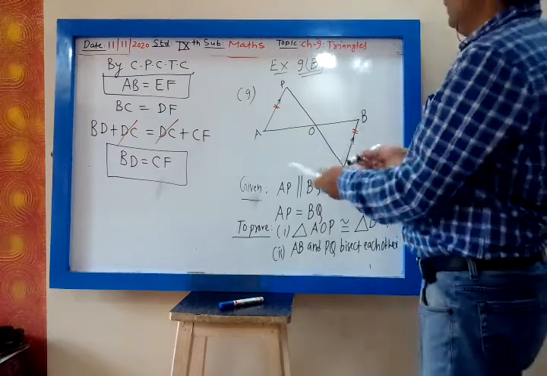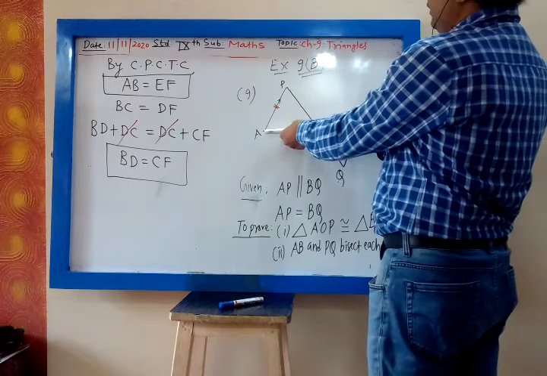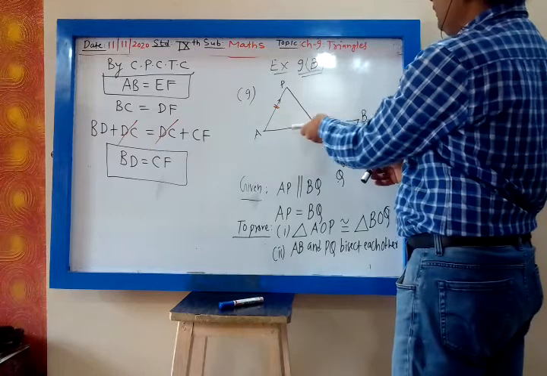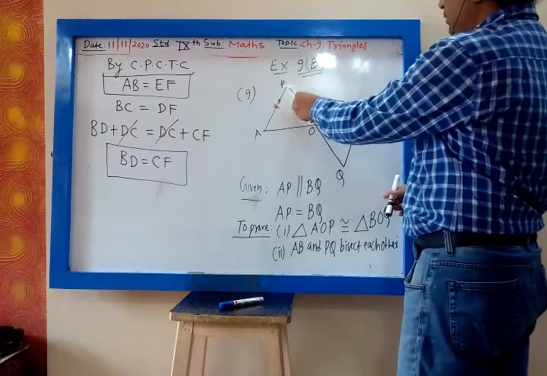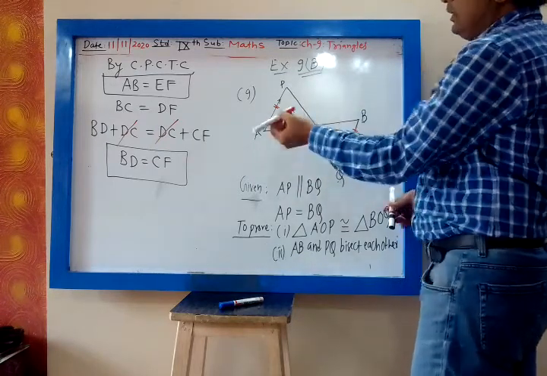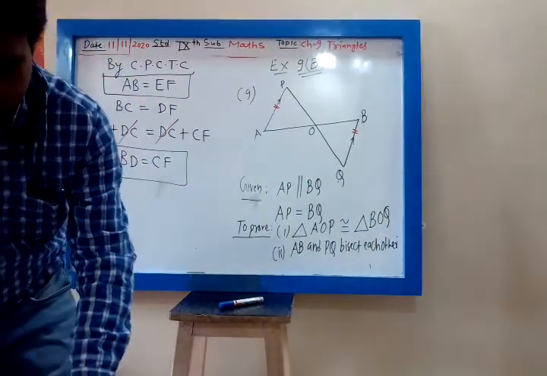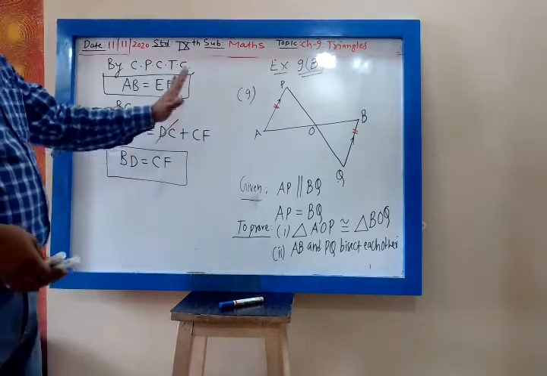Are they given equal? No. See, AB and PQ bisect each other means AO will be same as OB and OP will be same as OQ. It is not given equal.